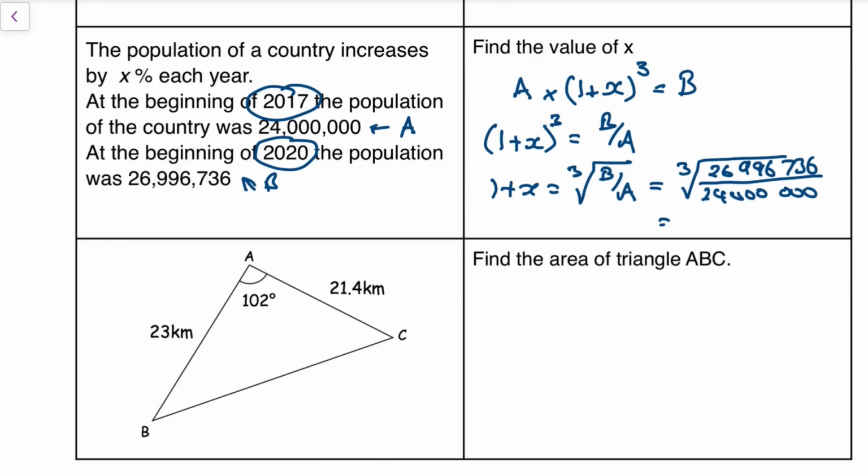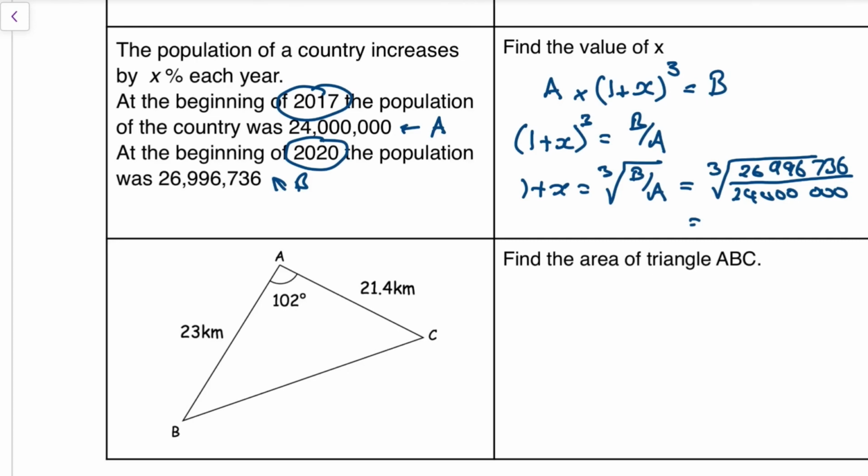A cube root button, so shift and square root gives me the cube root. Use my fraction button, and I get 26 over 25, which is 1.04, which means by comparing that to that, x must be equal to 4%, or x is equal to 4. You'd be okay with both, but x is equal to 4.